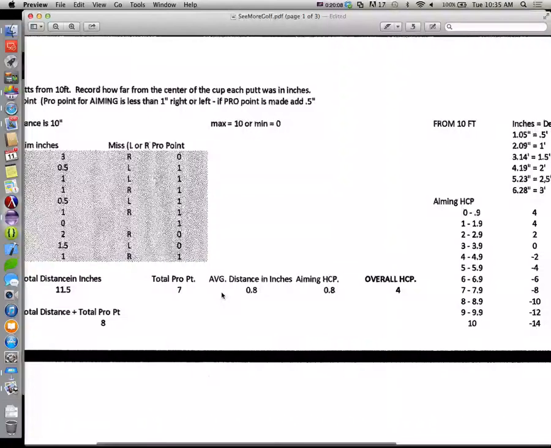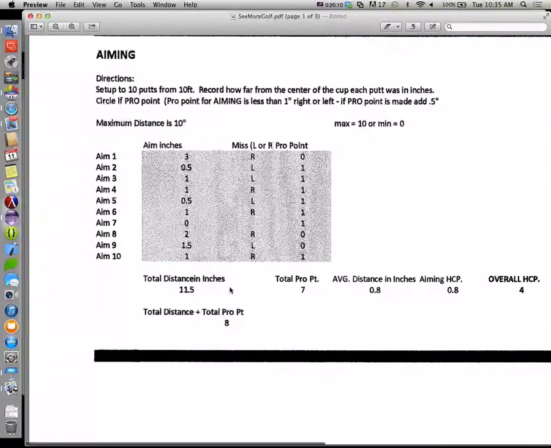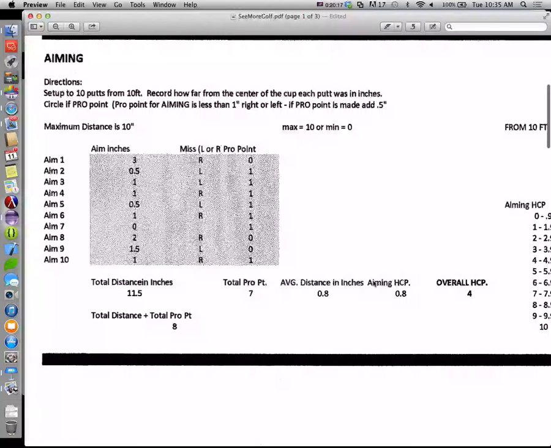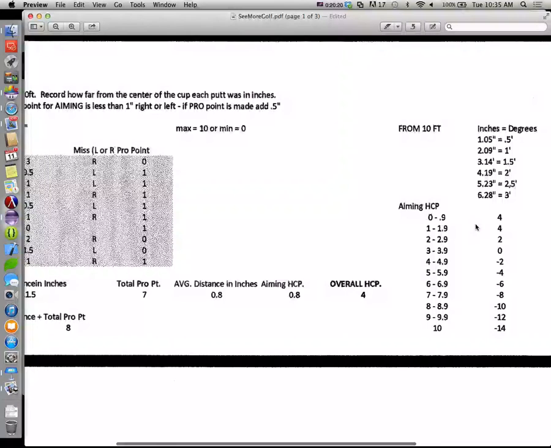I think all of these things are, this is total degrees missed, average degrees missed. So your handicap is based off the average degrees missed. So this is based off of how inconsistent your miss is, or how consistent your miss is. Does that seem to make sense?